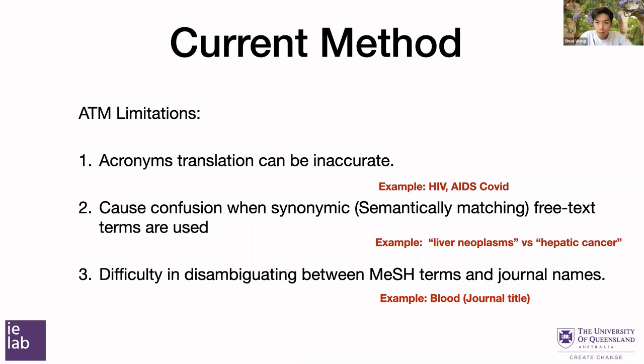Secondly, when synonymous free text terms are used, this will normally cause confusion and result in different mappings. Here, liver neoplasms and hepatic cancer have the same meaning but map to different terms. Thirdly, because ATM maps free text to MeSH terms, journal names, or author names, it is sometimes difficult to distinguish between MeSH terms and journal names. For example, blood here is actually a journal name, but is mapped as a MeSH term.